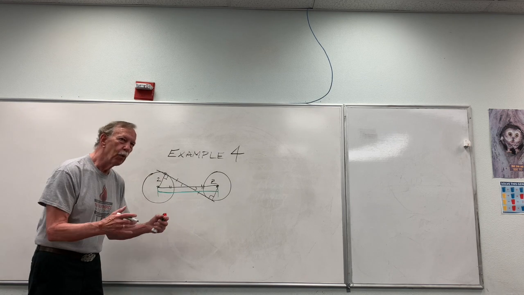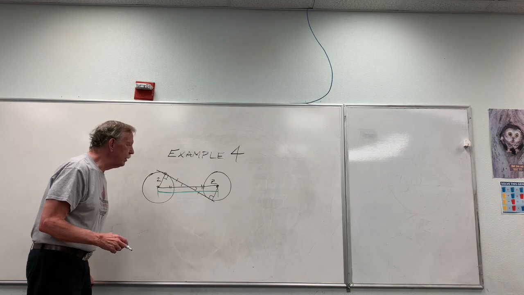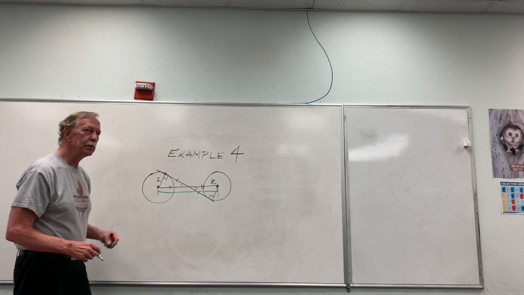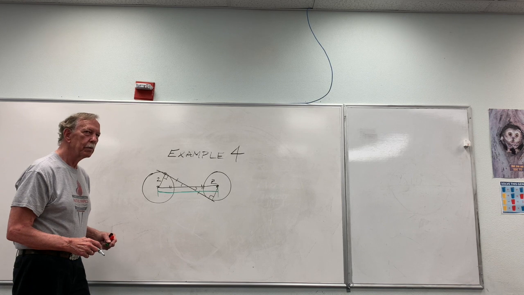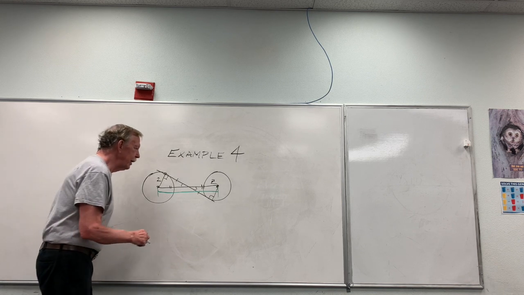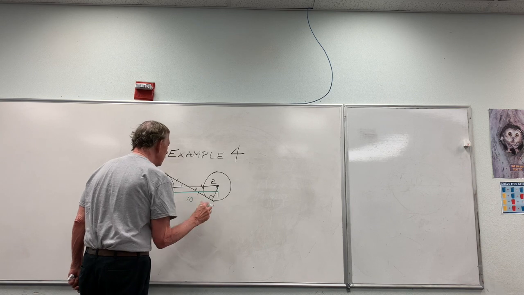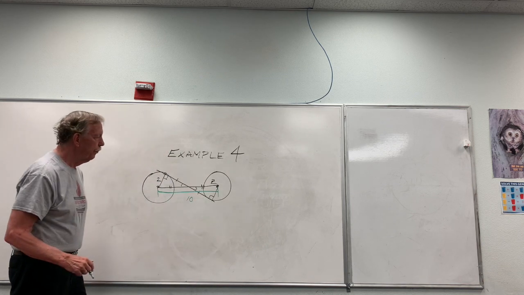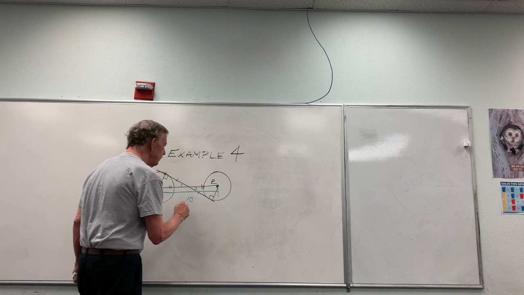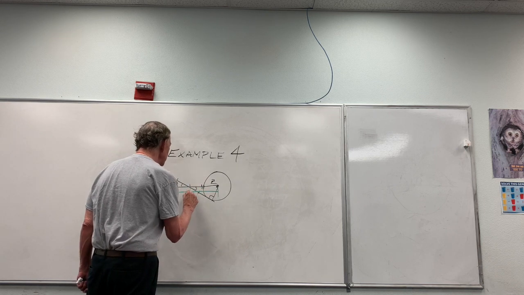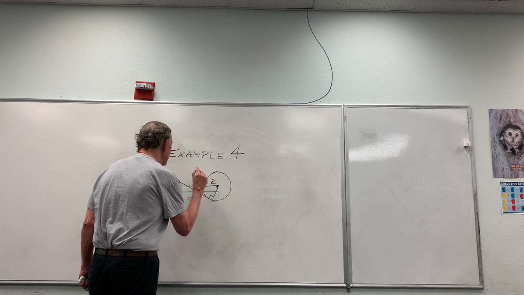And from that point, you can figure out the length of this piece. Let's say that they tell you that this piece is 10. That makes each one of these pieces 5.